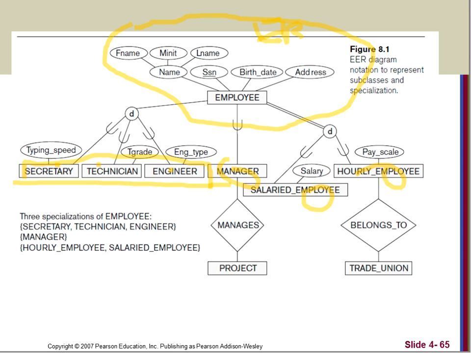We use a circle to represent the super and subclass relationship. Hourly employee and salaried employee are also not separate entities; they are subclasses of employee, so we use the circle. For manager we have only one subclass, so we don't use the circle, just a direct line.